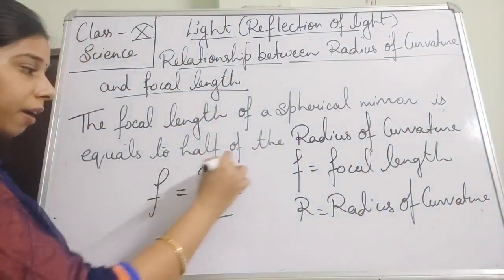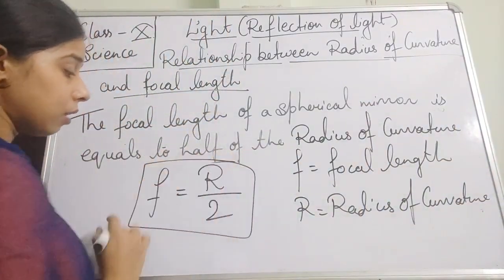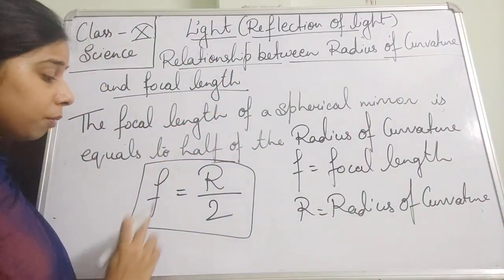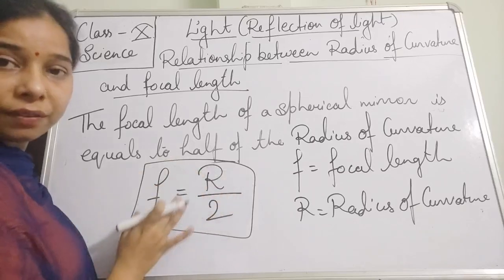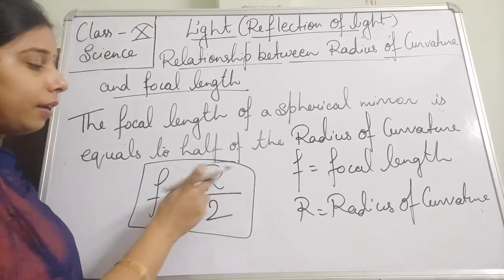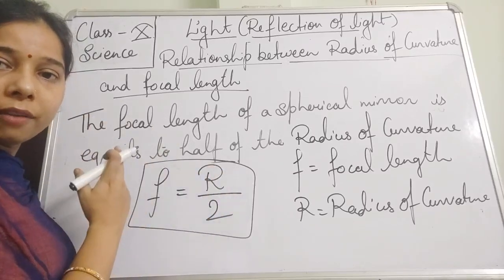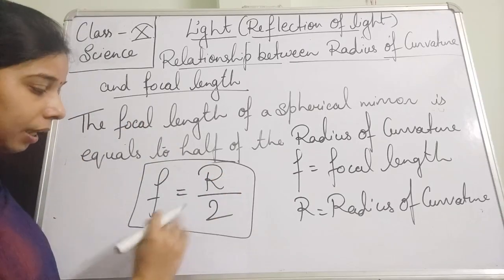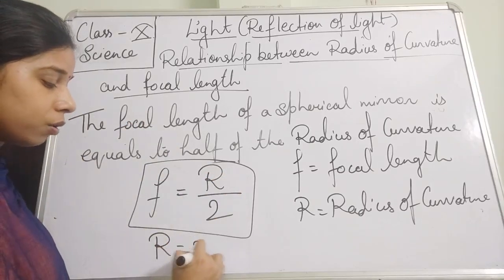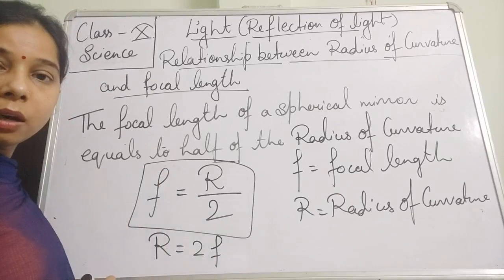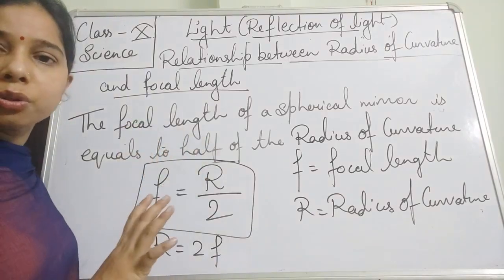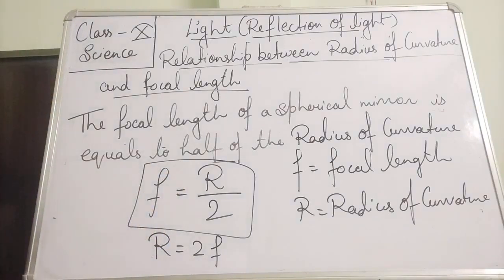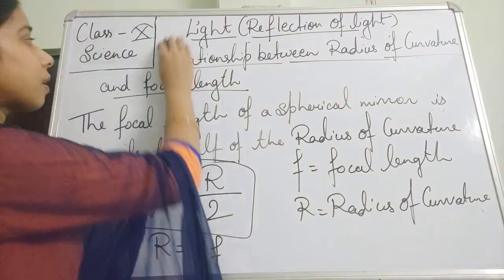This is quite an important one, students, because many times the question is asked that if focal length is given you have to find the radius of curvature, or if radius of curvature is given you have to find the focal length. So we can rearrange and also write R equals 2f. Before we go further, let me solve one or two quite easy questions related to this relationship.